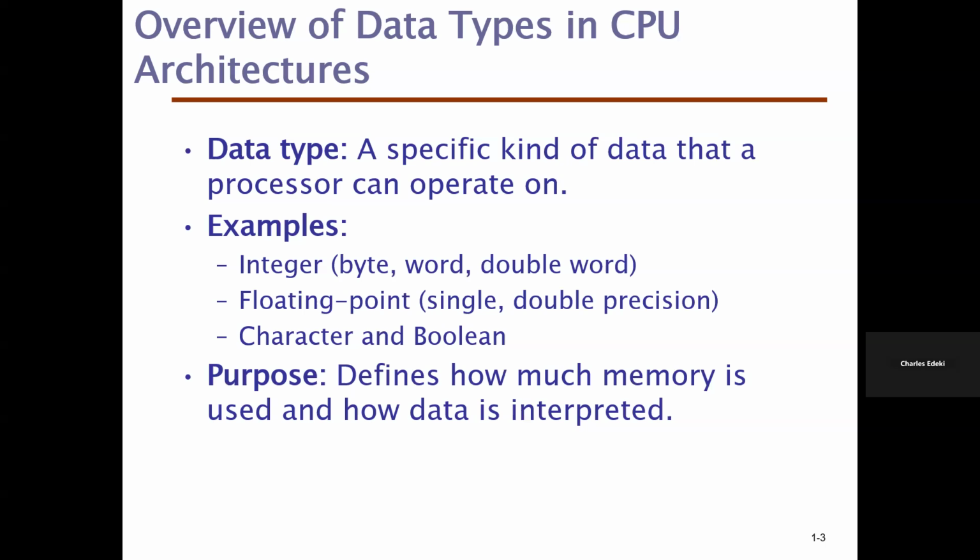As we said earlier, we have integer, floating point, decimal values, character, and Boolean. We can even have vector, which is used for parallel data operations, like the SIMD concept. So that's the main purpose of a data type.